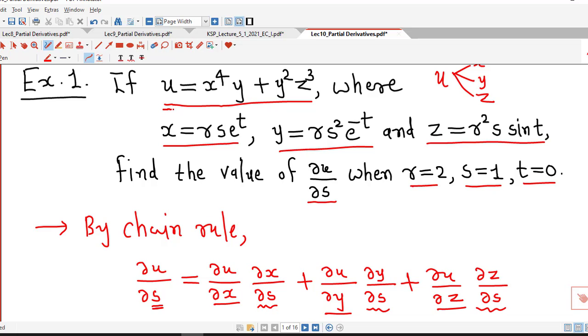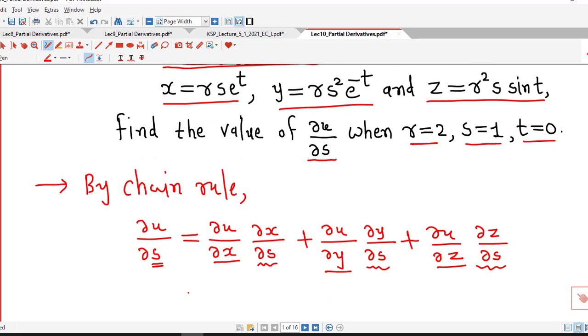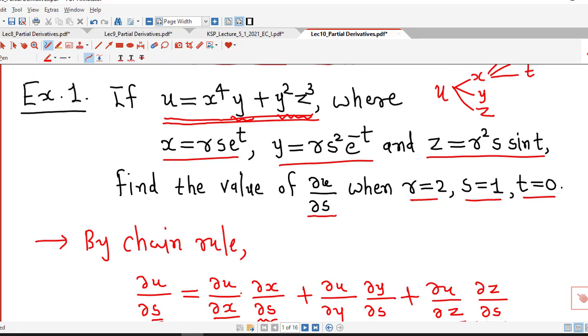If we want to find out del u by del x, we concentrate on the formula for u. When we find del u by del x, we consider y and z as constant. So derivative of these terms is 0, and here y as it is, derivative of x raised to 4 is 4x cube. So del u by del x is 4x cube times y.